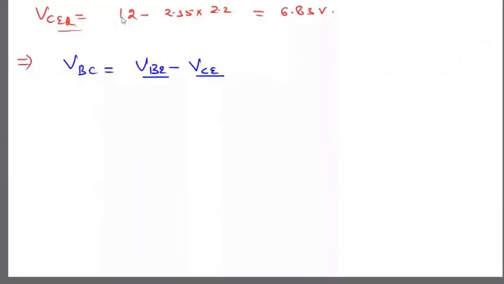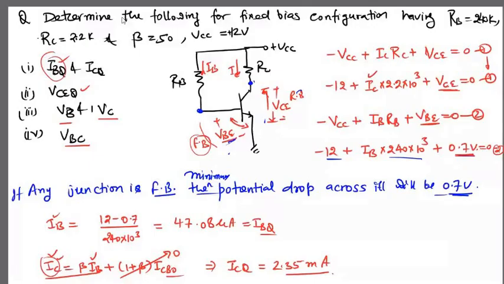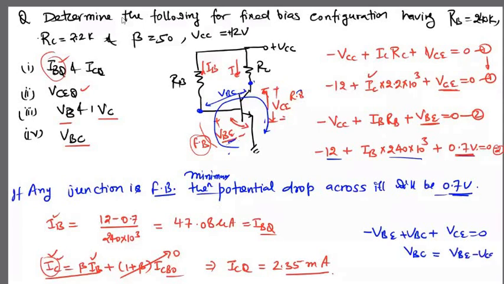We can apply KVL here in this loop. If I assume this voltage is VBC, you can apply KVL here and you will find minus VBE plus VBC minus VCE equals 0. So it will become VBC equals VBE minus VCE, if you apply KVL along this whole loop.